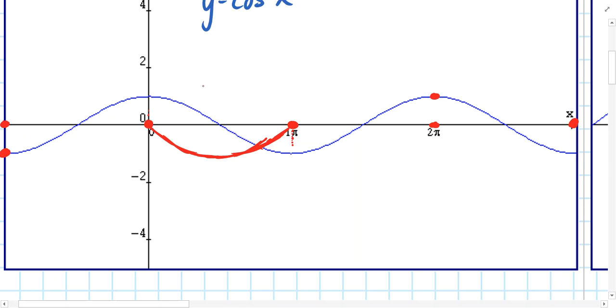Then, as we look at the slopes of the tangent lines here, they're all positive, slightly positive, more positive, more steep. Less steep, less positive, less steep, until we get to the end of this section.